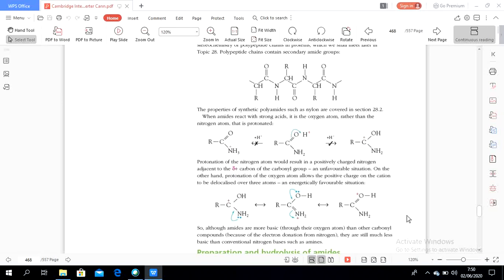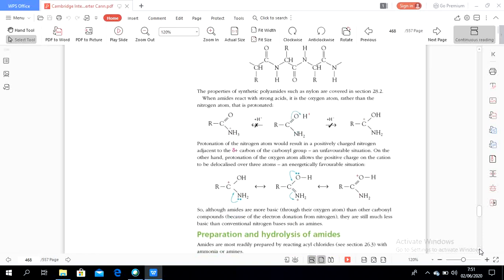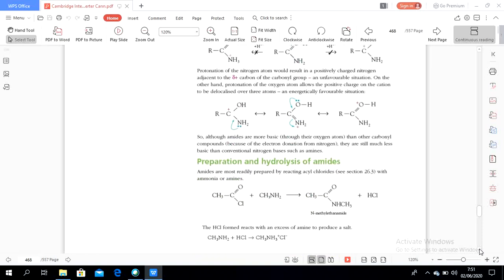In amides it is different. The electron of the carbon is donated to the hydrogen ion, and there is another electron withdrawing group, which is nitrogen, but the electron of the nitrogen is attracted to the oxygen.